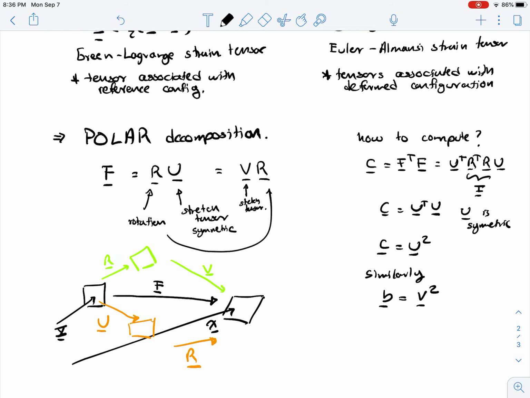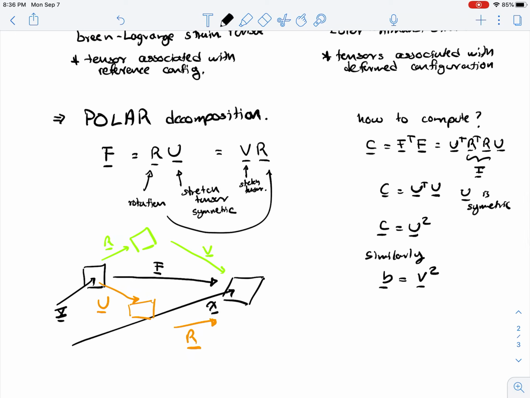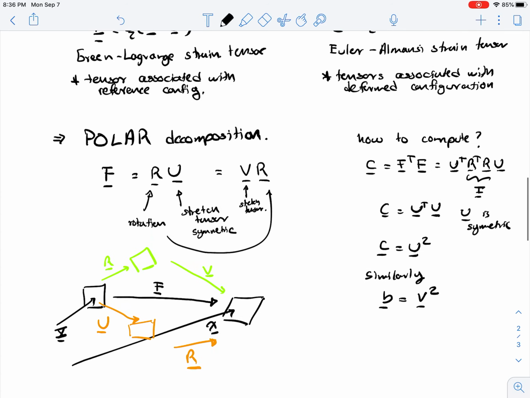And then similarly, you can show that B equals V squared. And so if you take the square root of C, you will get to U, or if you take the square root of B, you would get to V. Now, that maybe didn't solve the problem, right?